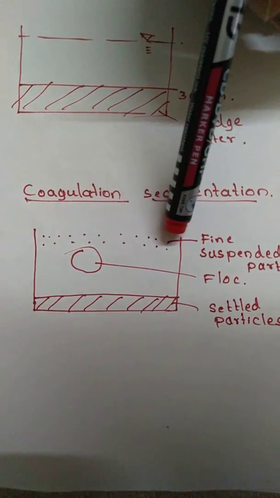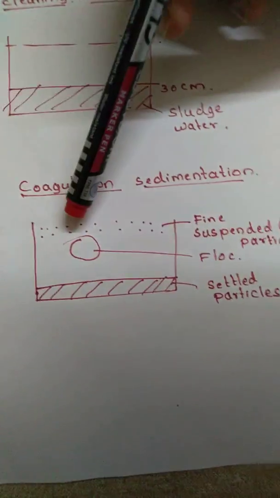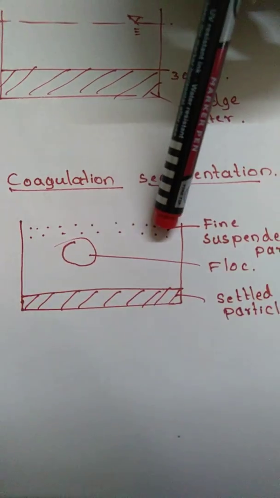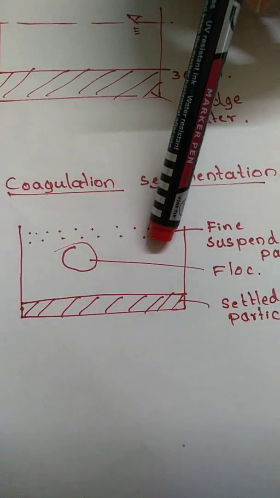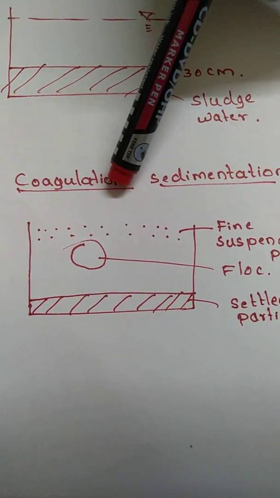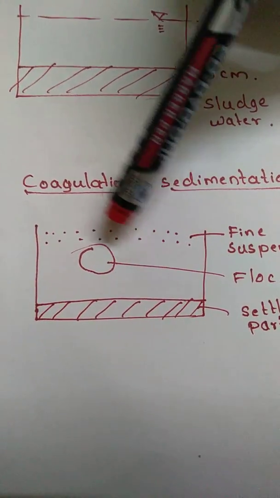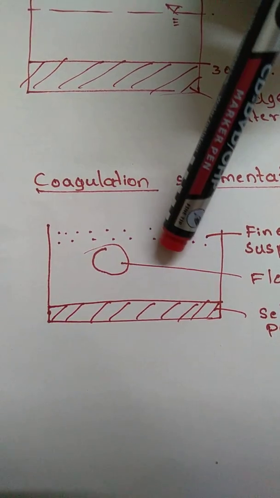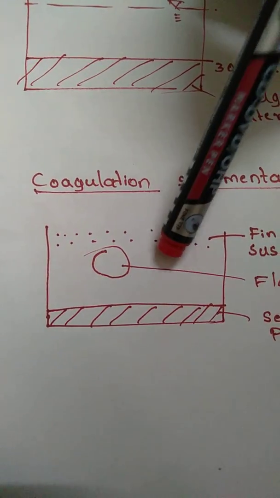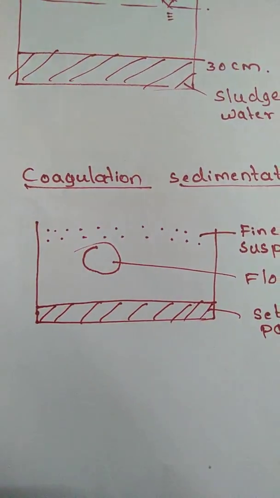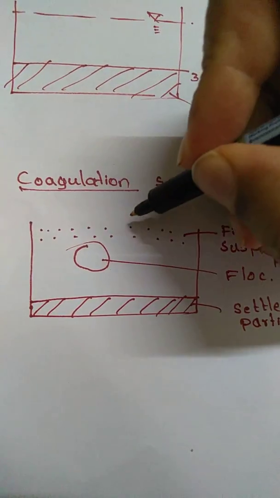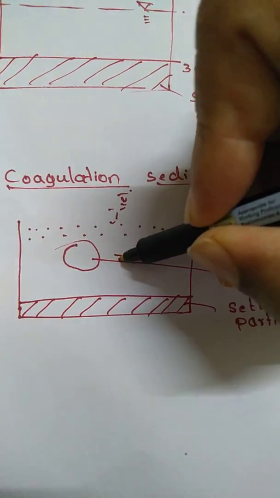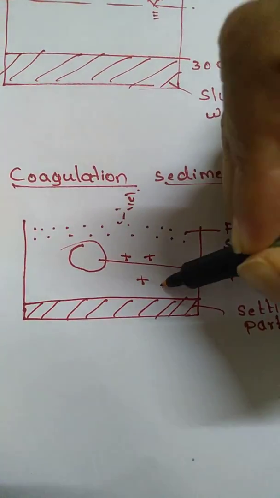These suspended particles which cannot settle down by their own weight are negatively charged, and they have very low specific gravity. When we add these coagulants, they are going to have a positive charge in the water, and since these suspended particles are negatively charged in water, when we add the coagulants, it is going to be positively charged.